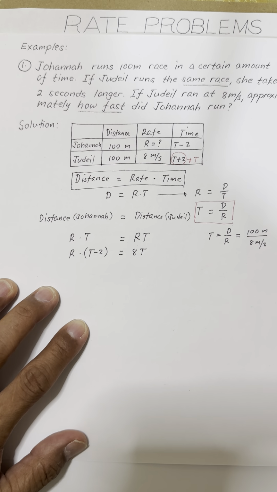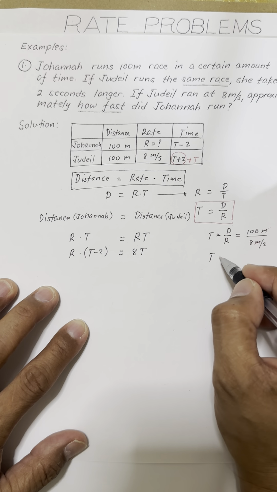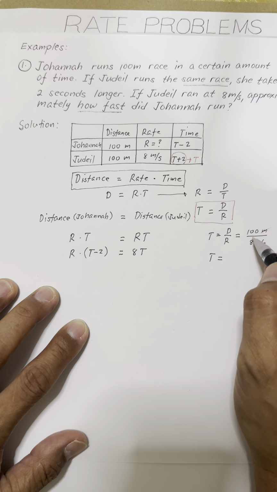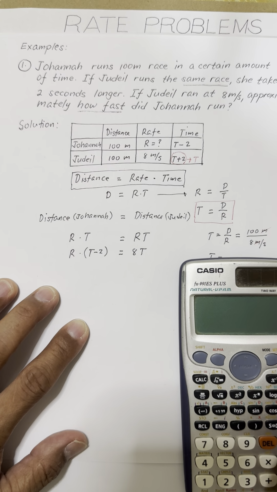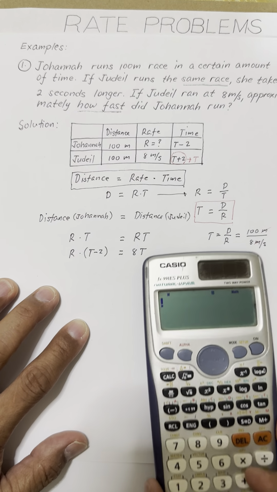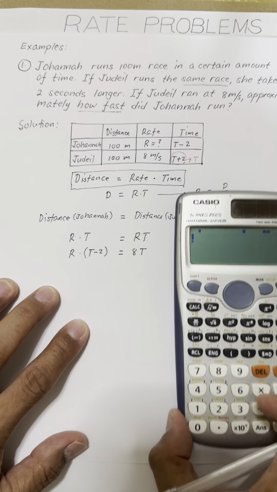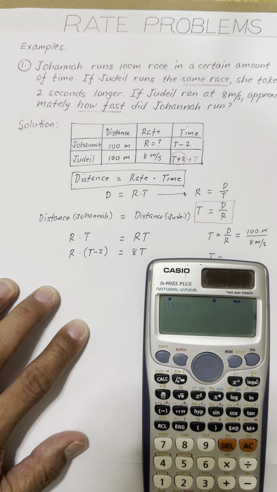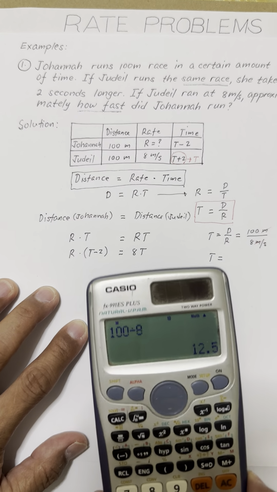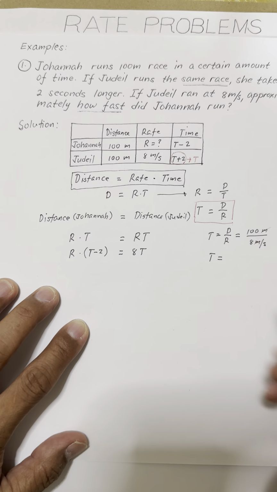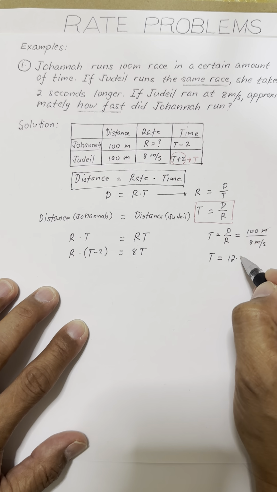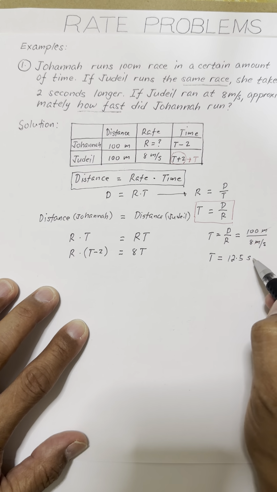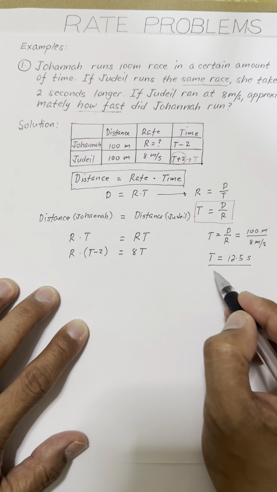Meter and meter cancel out, so t is equal to 100 divided by 8. 100 divided by 8 is equal to 12.5 seconds. So this is the time for Judel.